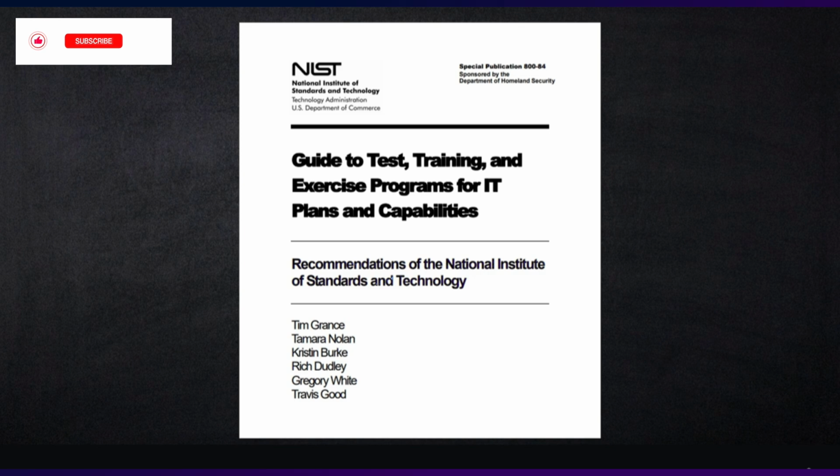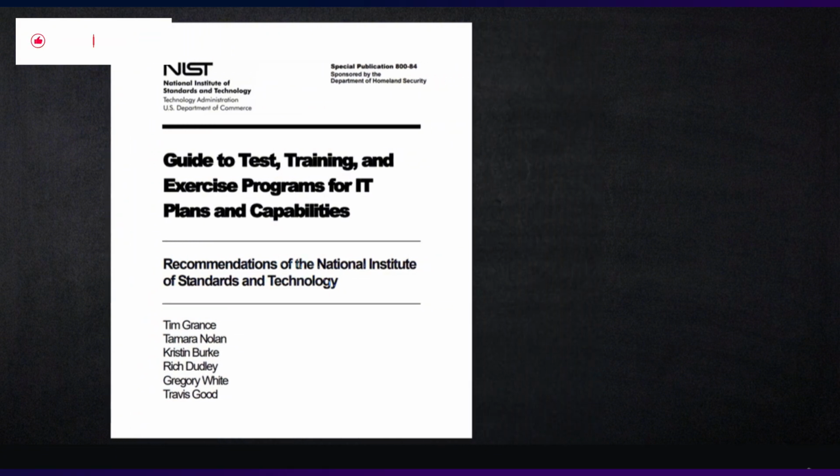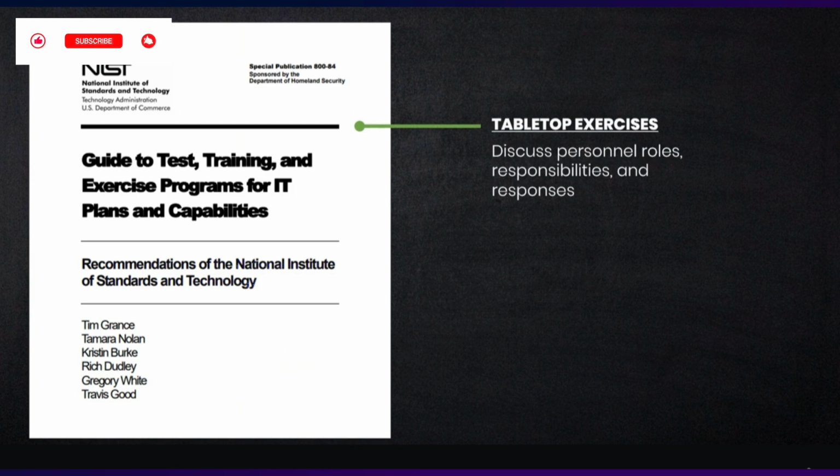This is where we discuss personnel roles, personnel responsibilities and responses to disaster situations. The other is a functional exercise, which validates operational readiness by simulating disaster recovery efforts. So we have tabletop exercises, then we have functional, and we need to know both for the exam.